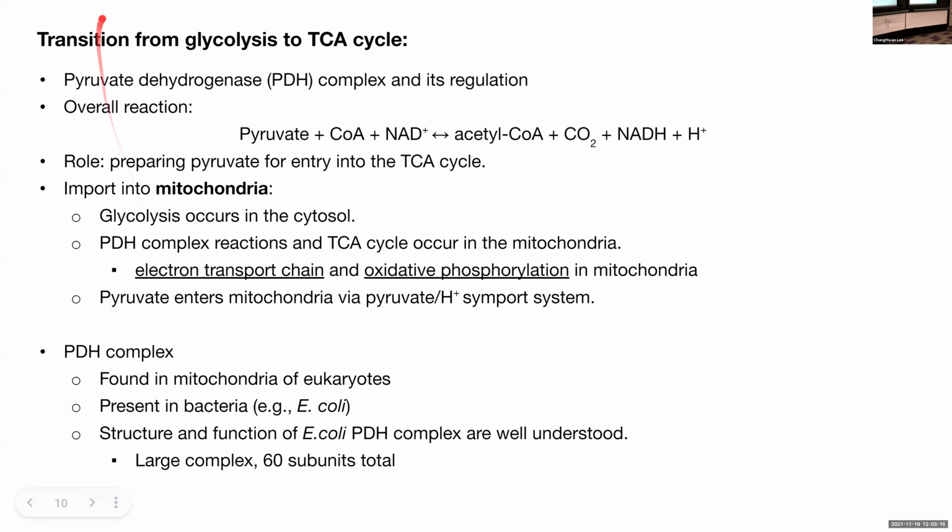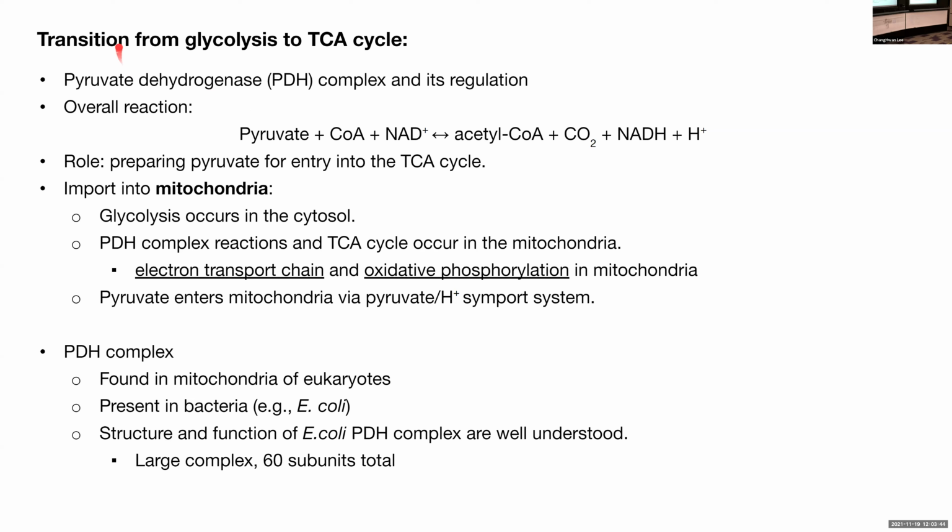All right. So here we're going to talk about the transition from glycolysis, where you can get 2 molecules of pyruvate, to the TCA cycle, where the starting material is acetyl-CoA, or coenzyme A. So the molecule pyruvate has to be processed and changed into acetyl-CoA. Right?